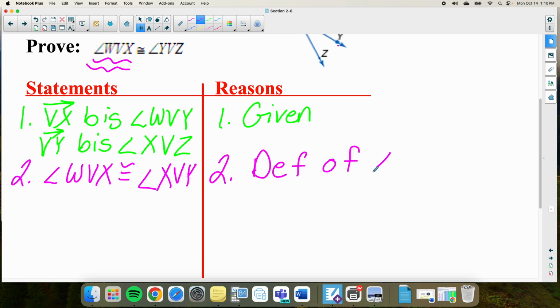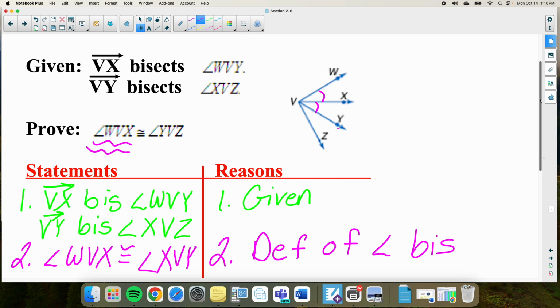Now, I can do the same thing with the other ray that bisects the other angle. Okay, so it also says that VY here bisects angle XVZ. So what that tells me is that this angle would be congruent to that angle.